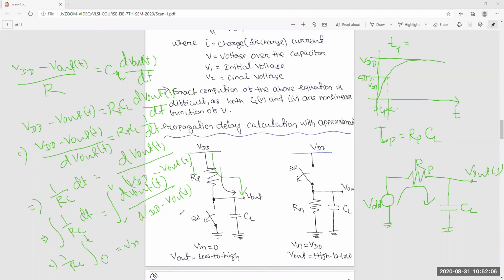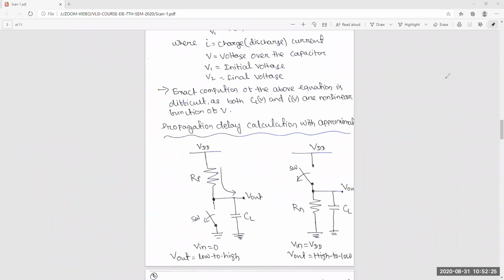If you charge, it will be 0 to VDD by 2. If you discharge, VDD to VDD by 2. Okay, so if you integrate these things, then what will you get?